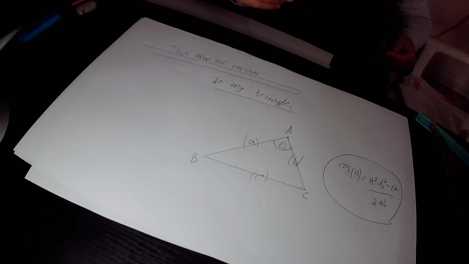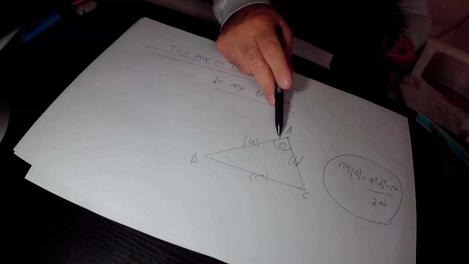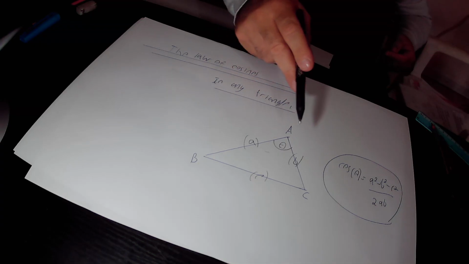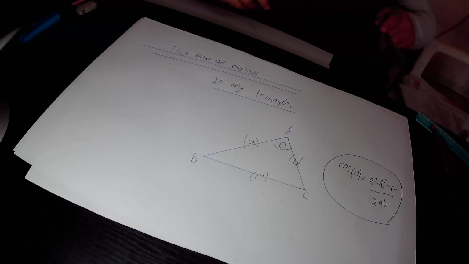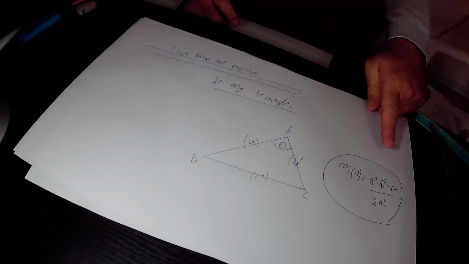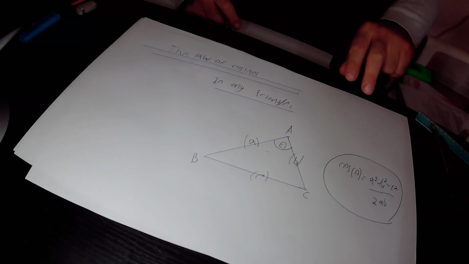According to the law of cosines, cosine theta equals a squared plus b squared minus c squared over 2 times a times b.